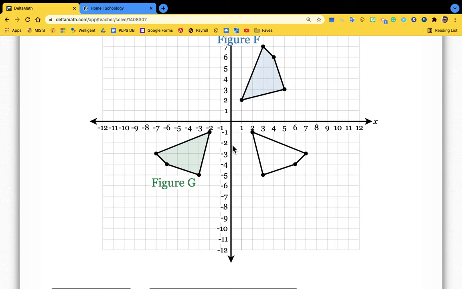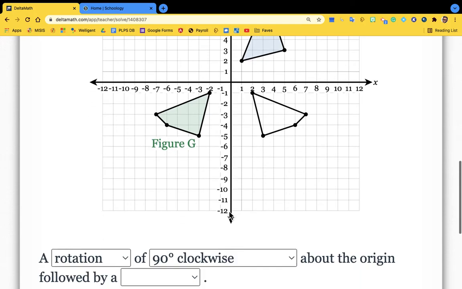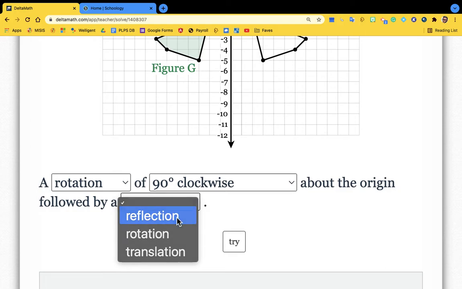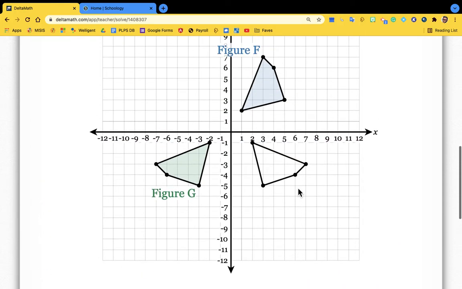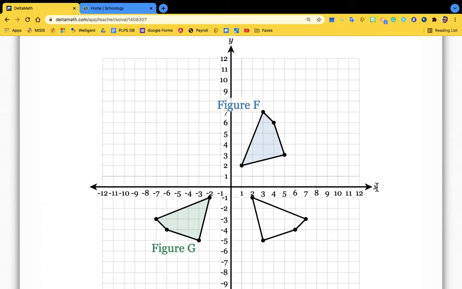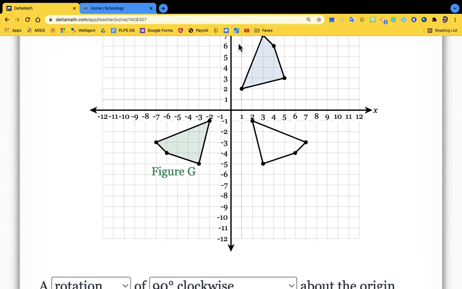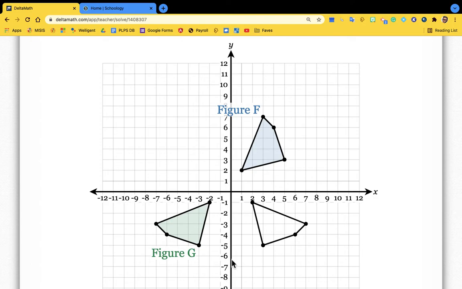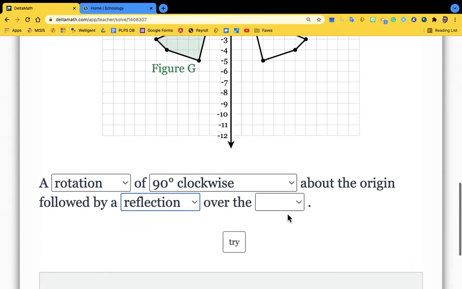So my second move is a reflection. This is the x-axis and this is the y-axis. I wanted to go to the left here, so I want the mirror to be on the y-axis. So I'm going to say reflection over the y-axis.